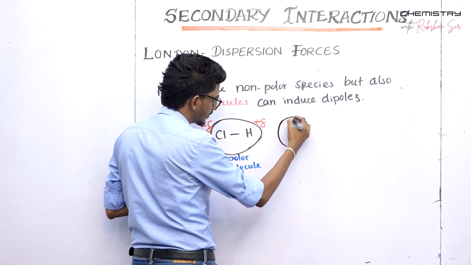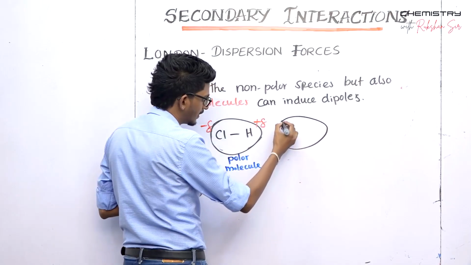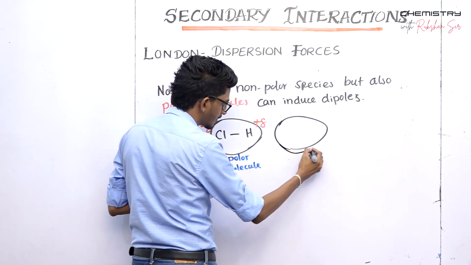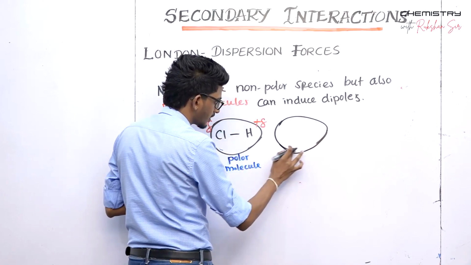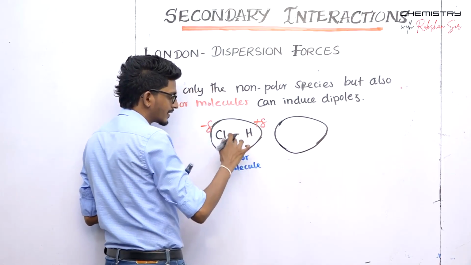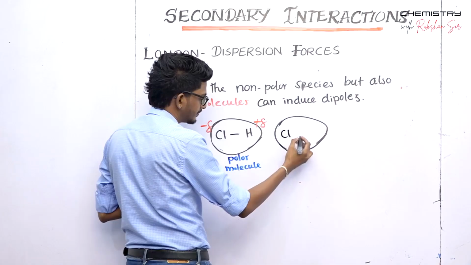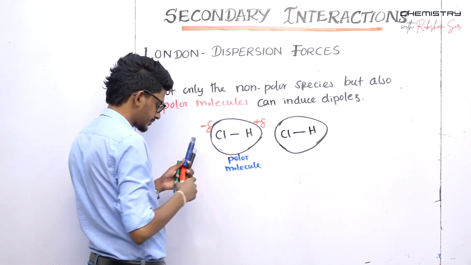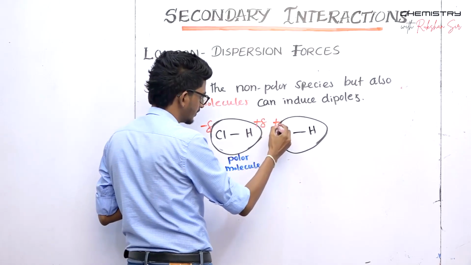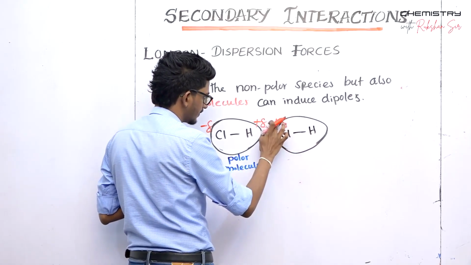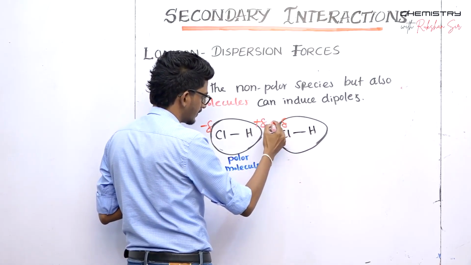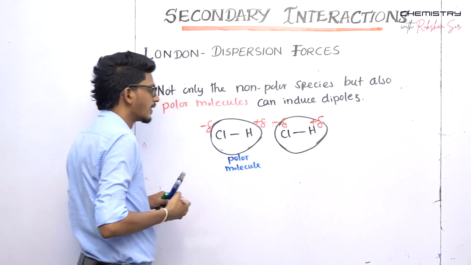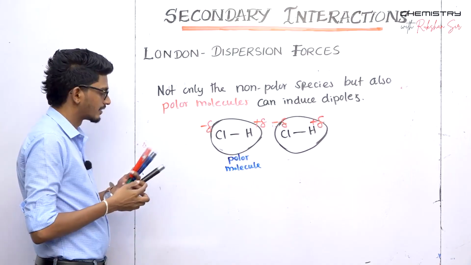When another polar molecule, let's say another HCl molecule, comes closer to this first HCl molecule, like this, where the chlorine has the negative charge and the hydrogen has the positive charge, what will happen?